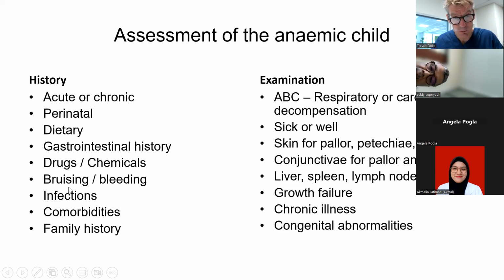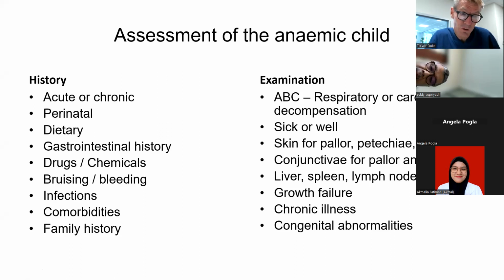Ask about bruising or bleeding and about infections, because you want to find out about the other aspects of the blood, isn't it? Sometimes when a child has anemia, often it's only the red cells that are affected, but sometimes the platelets and the white cells will also be affected by whatever the underlying process is. So asking those basic things at the start can really help.